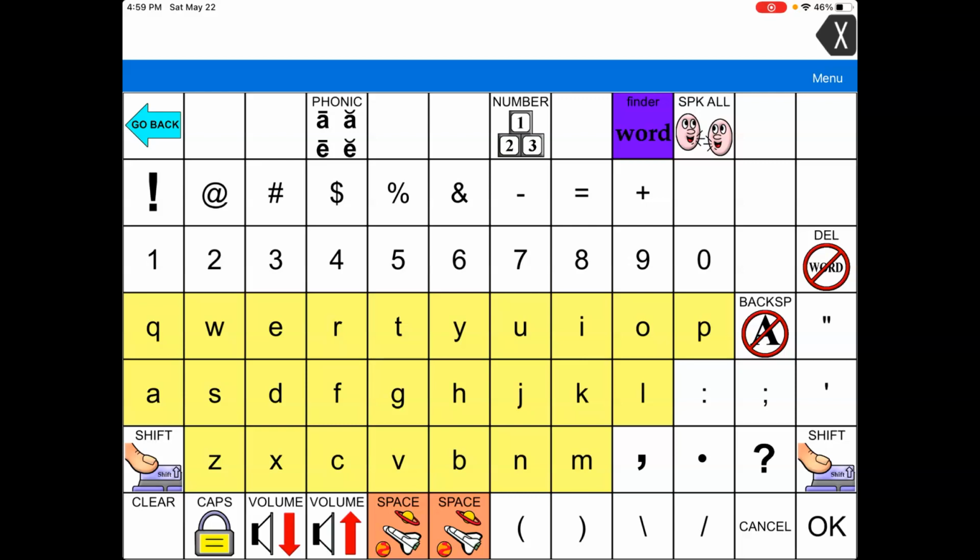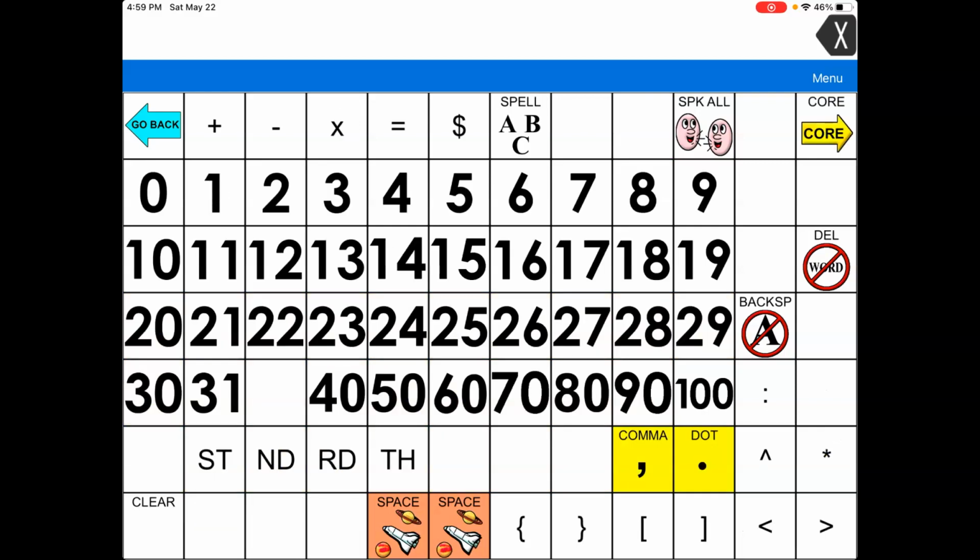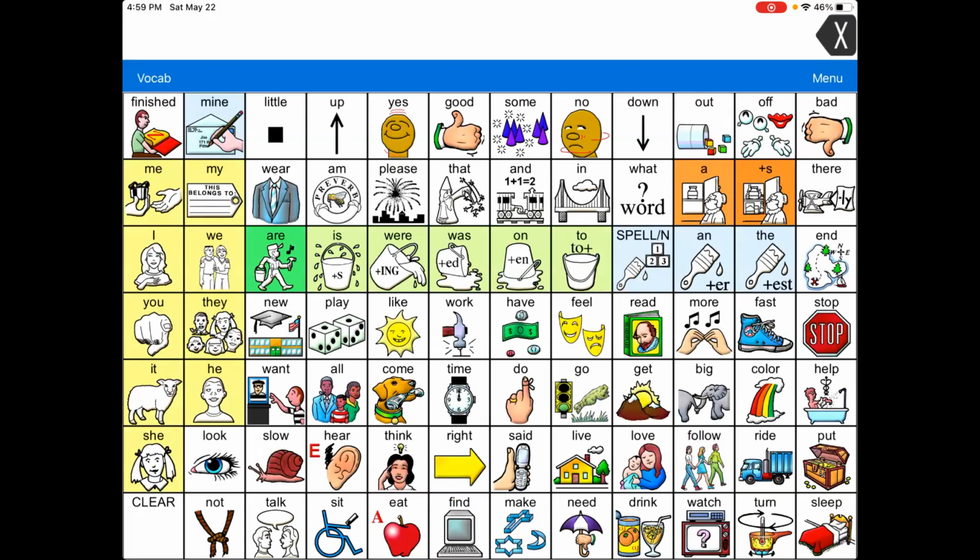And you'll notice too, at the very top row, you'll see number. If you go into number, you have access to many more numbers than show up on that top line on the keyboard. And then we can always go back, and we're back at our home screen, the starting point for all the words. All right, let's get into how it's organized in order to find words.